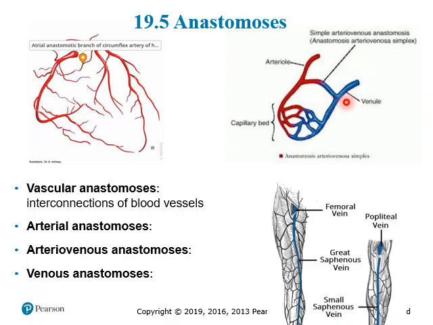Now, on the other hand, this part here is actually an arteriovenous anastomosis. It's a connection between an arteriole and a venule. The capillary bed is actually a typical arteriovenous anastomosis already. You've seen how an arteriole is connected to a venule through the capillaries.